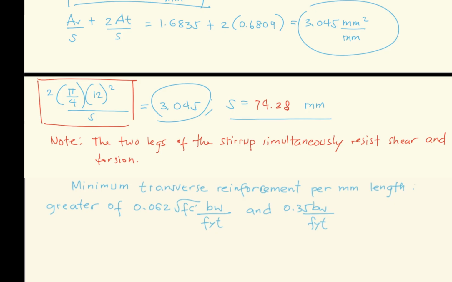So substituting the values, we have 0.062, square root of 20.7, 400 divided by 275.